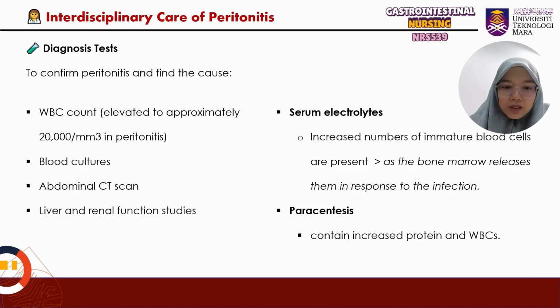Liver and renal function studies also may be done. In serum electrolytes, it will show increased number of immature blood cells as the bone marrow releases them in response to the infection. And we can also do the paracentesis procedure to take out a small amount of the fluid to see whether it contains increased protein or WBCs.